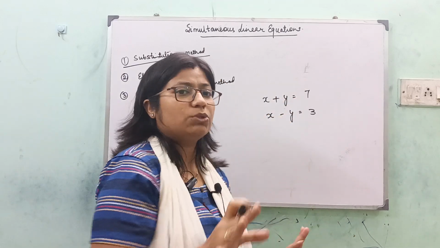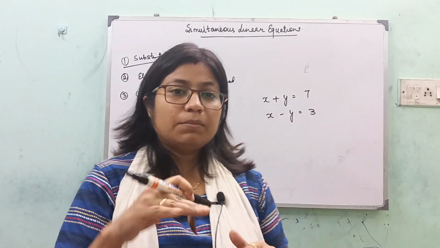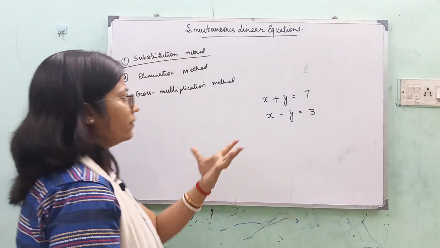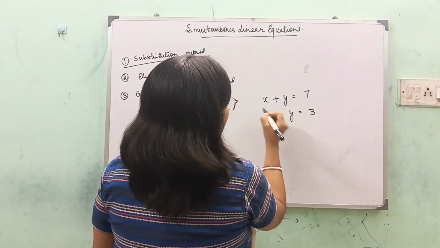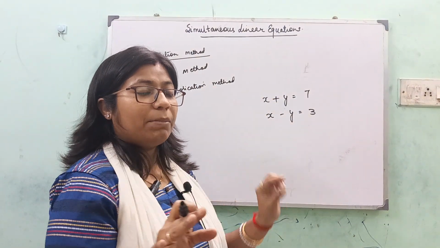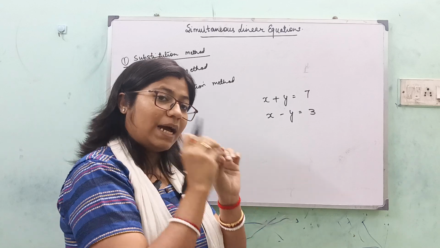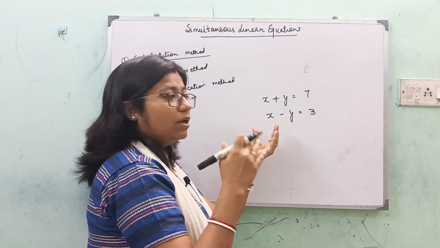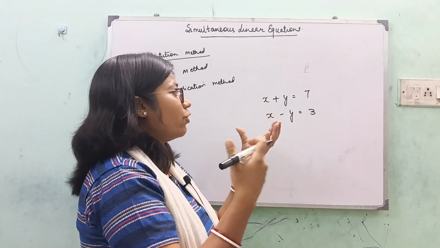Now the word substitution, what does it mean? That is placing someone in the position of the other. Alright, this is the meaning of substitution. So, using any one of the two given equations, you will make a variable the subject, or make a variable a formula of the other.